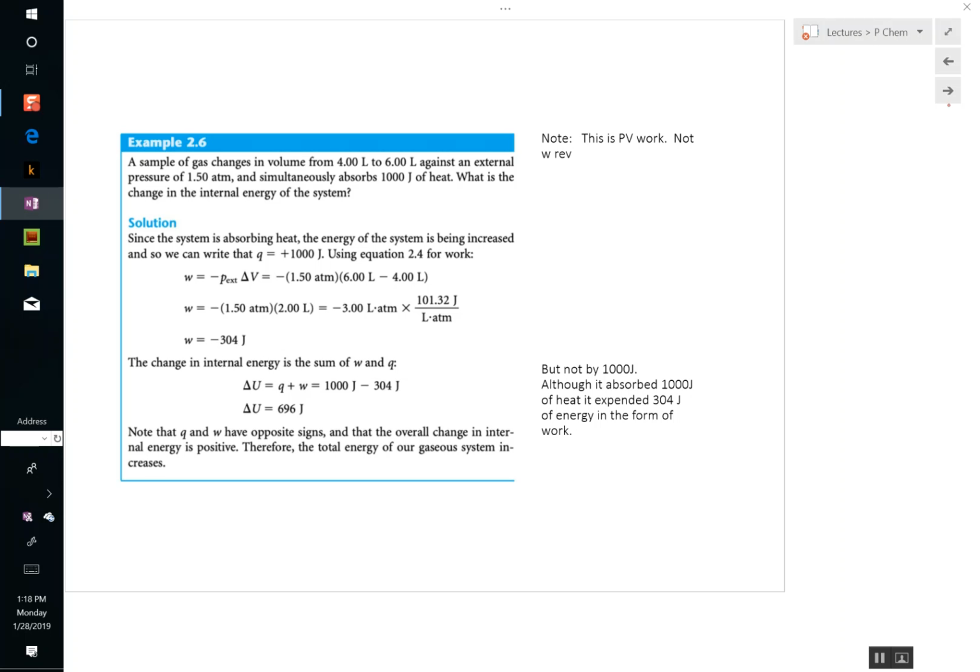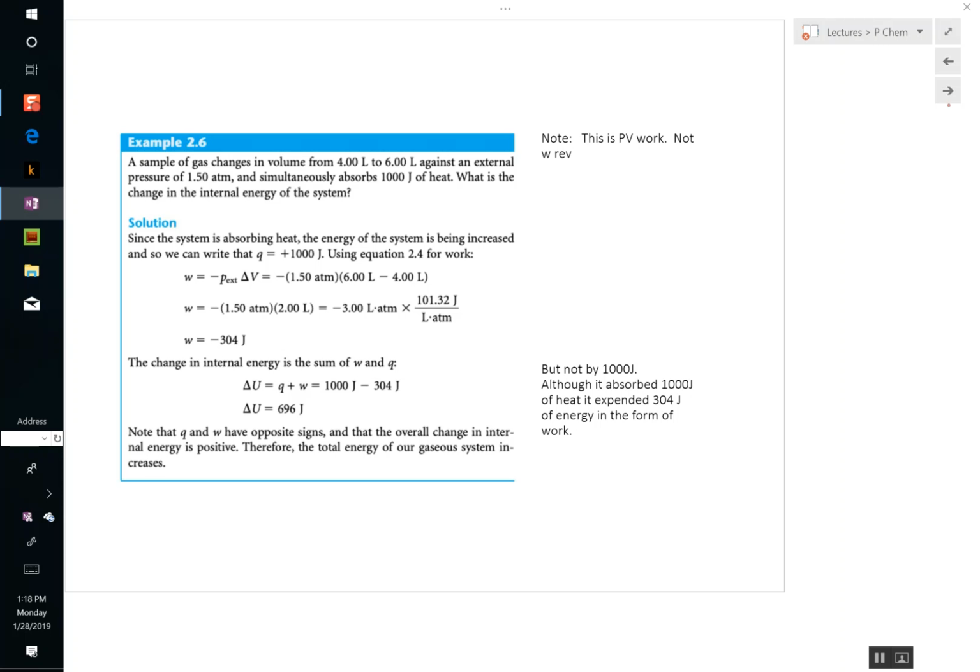The gas is expanding, but it's also absorbing this energy. As it expands, you would think it cools. So are we supposed to assume it's isothermal?